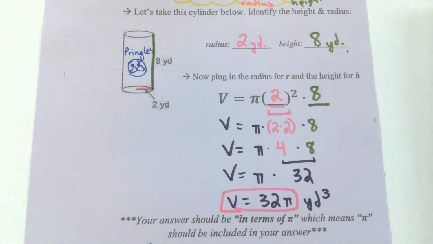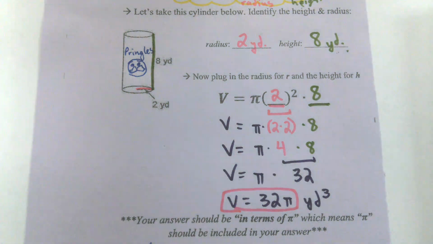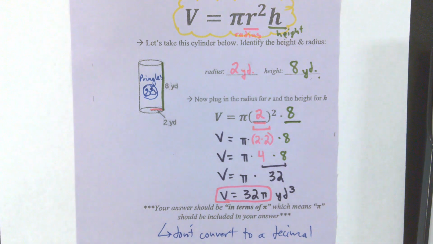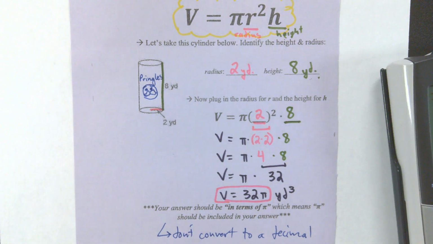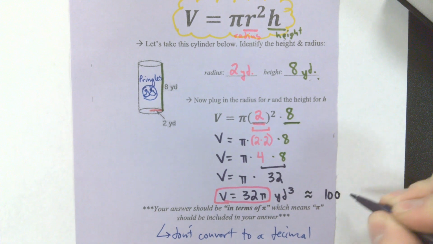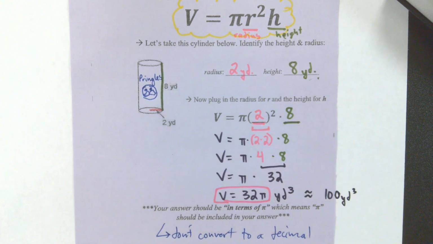Sometimes it can be easier to visualize because it's 3 dimensions and we live in a 3-dimensional world, but it does get a little bit tricky. And I'm just going to say here, this is about 100 yards cubed.